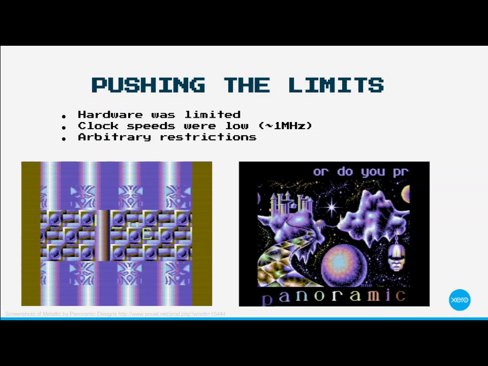You had to do some pretty crazy things with registers and assembly language to get anything like this to work. So there was a lot of prestige in showing that you could do something that wasn't thought possible on the platform at the time.